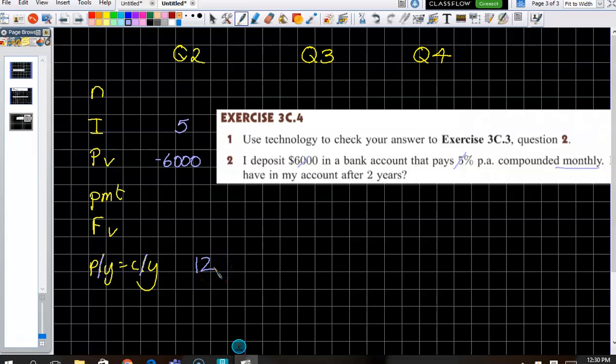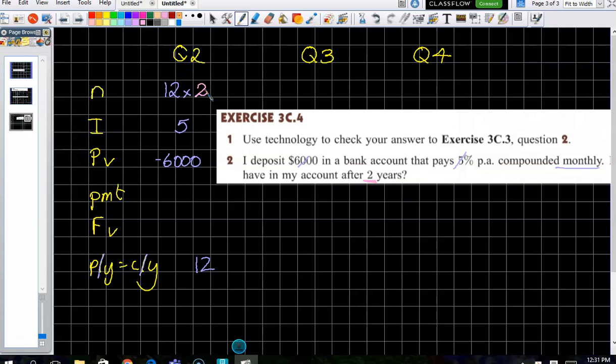Where else does it rear its head? With the N. So it's going to be 12 times what? 2, because it is for 2 years. Does that make sense? Do you need me to colour code it at all? I will colour code for you. So 2 years times 12.